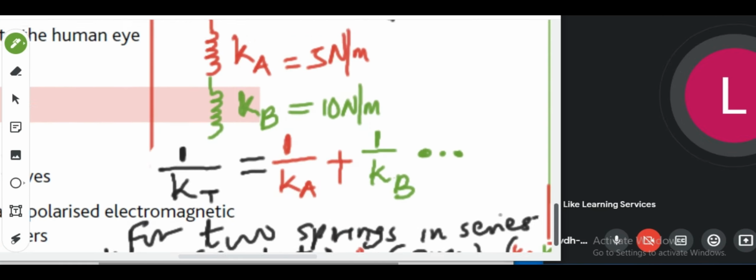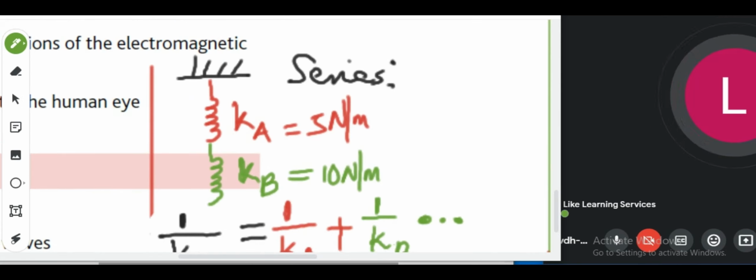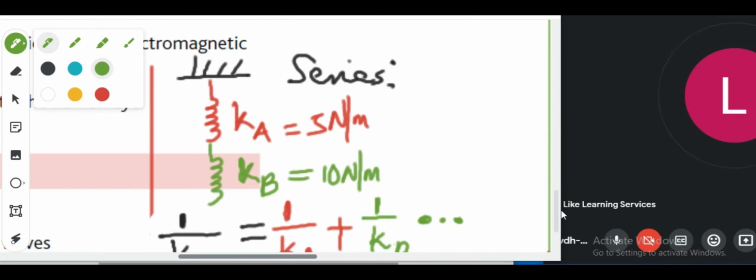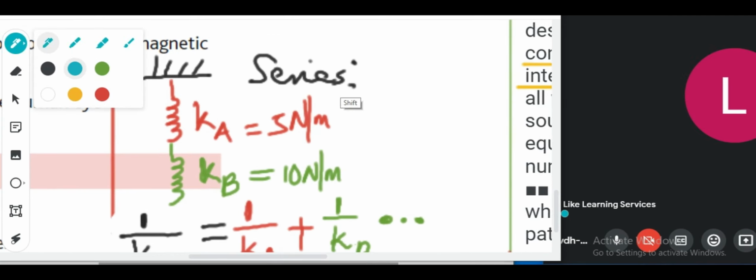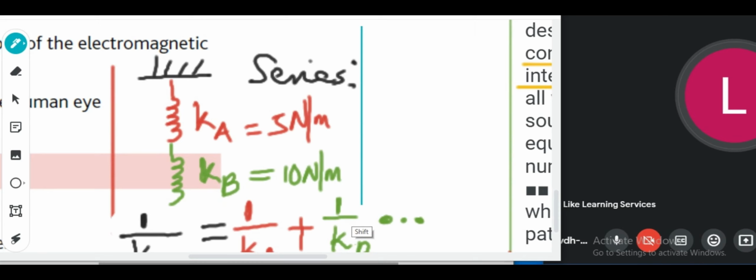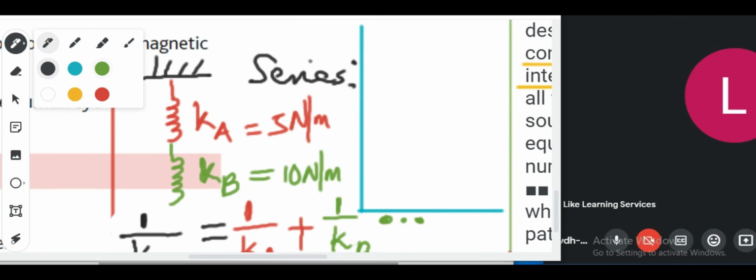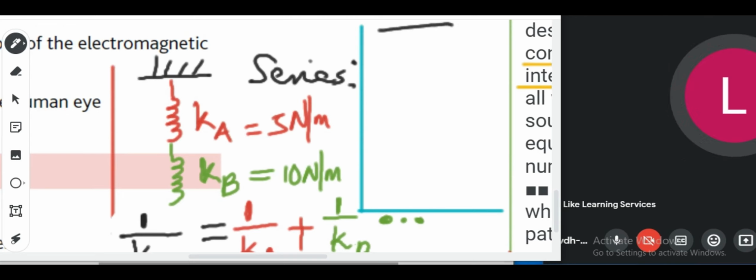Springs connected in series, that's end to end. Now, springs can be connected in parallel. Let's illustrate that here. We can have springs connected in parallel. This one is easier, so we don't have much to do. The springs are connected in parallel like this.